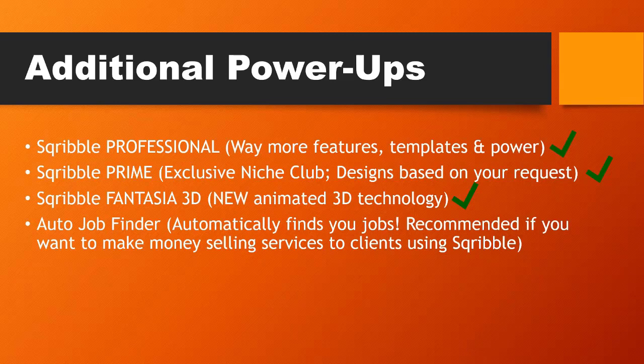If you're good at making banners for people, you could type in banners, or write content for people, or customer service, or even Facebook ad service, or whatever skill you have. You can use Auto Job Finder to find clients to bid on their posts. So that was a really unique creative tool. I recommend it if you're looking to use Sqribble to make money.